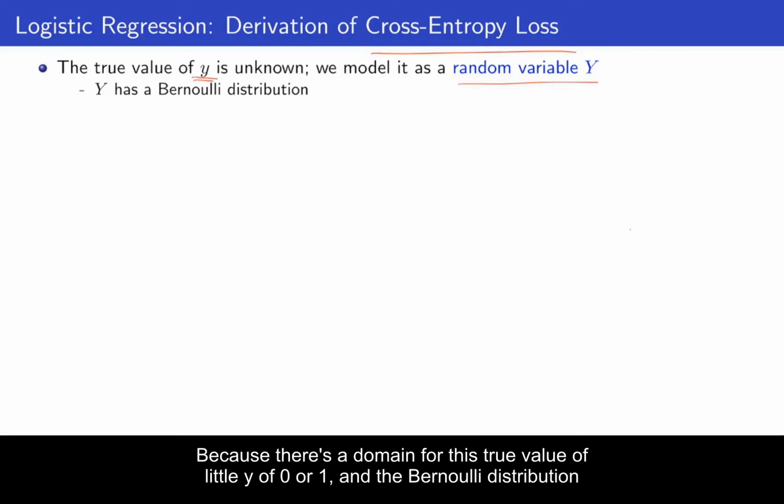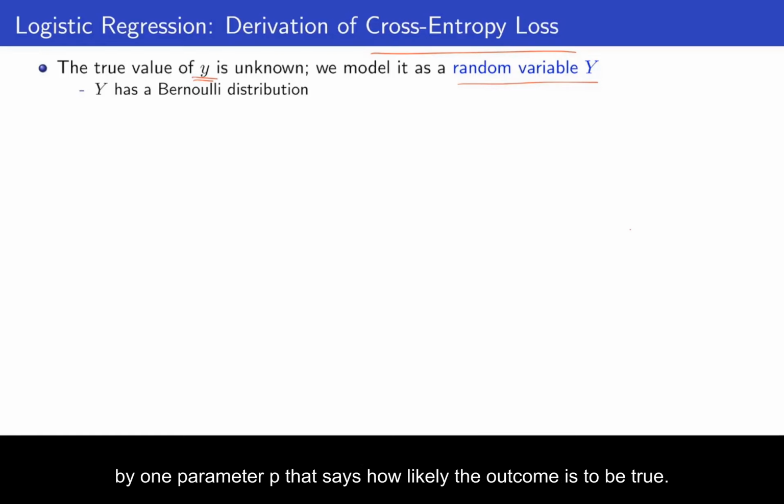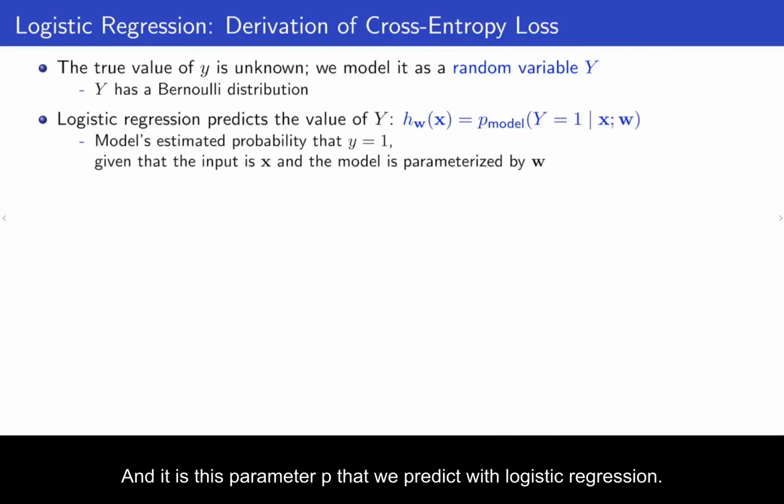The Bernoulli distribution is just the standard probability distribution over a Boolean domain, and it's parameterized by one parameter p that says how likely the outcome is to be true. It is this parameter p that we predict with logistic regression.